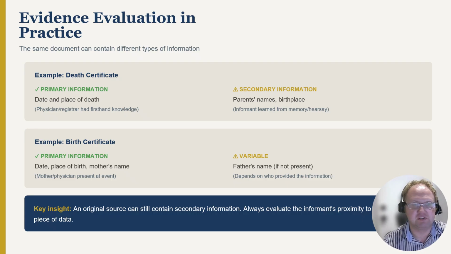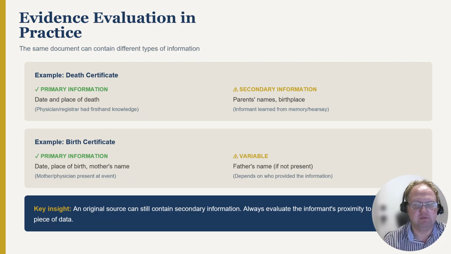The physician had first-hand knowledge, and an informant might be called upon as well. But the parents' names and the parents' birthplaces of the deceased are usually secondary information provided by a surviving family member, somebody who's relying on memory of what they've been told.